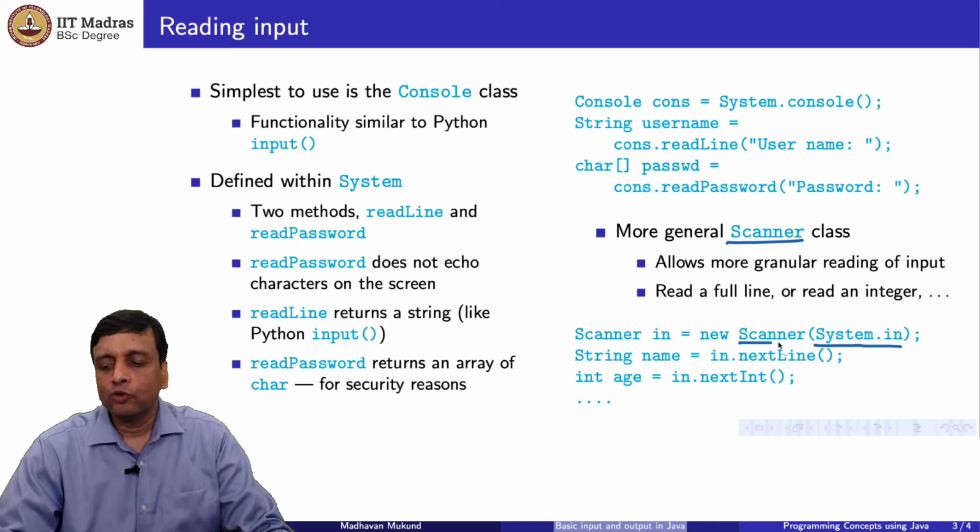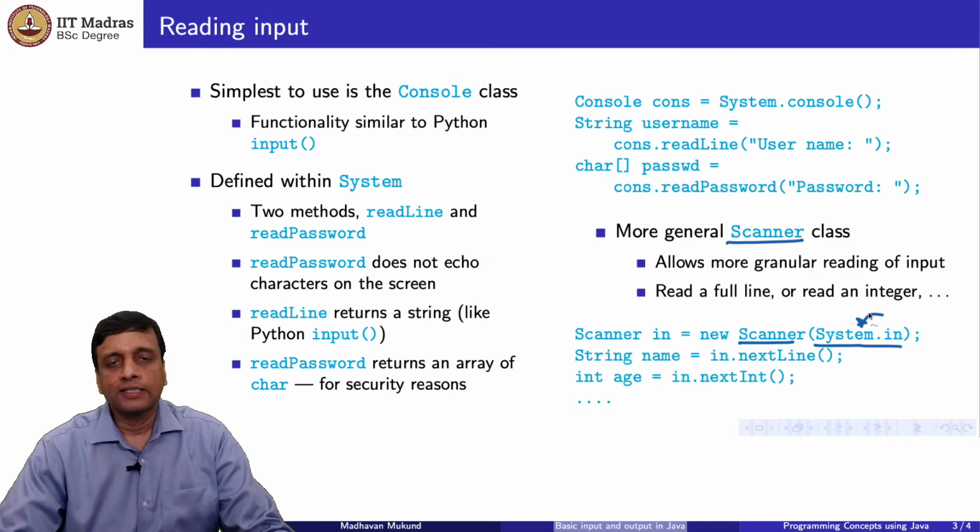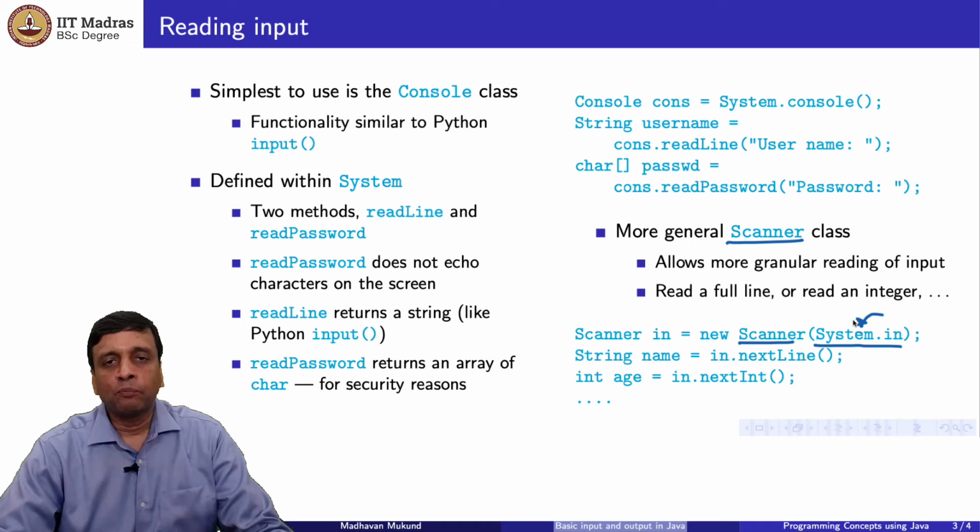So you create a new Scanner by telling it to scan from the input, right? You tell the Scanner which stream to read from. So you are telling it to read from System.in, and now once you have this Scanner, you can parse the input in more flexible ways.